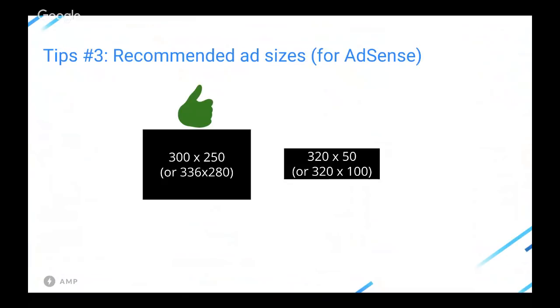So our recommended ad size for AdSense will be 300 by 250 or 336 by 280, the bigger ad units. Or if you would like to create a mixture, 320 by 50 or 320 by 100 also works wonders.